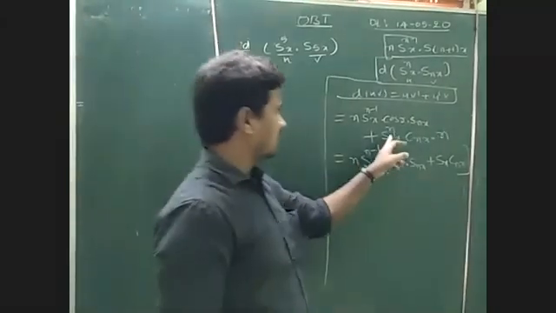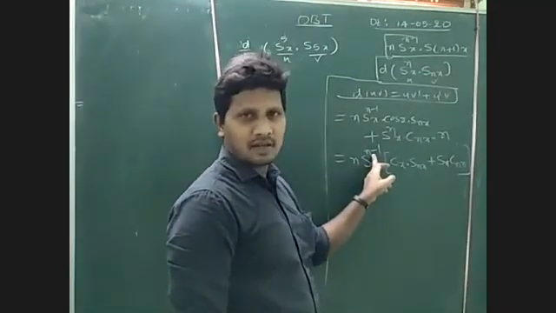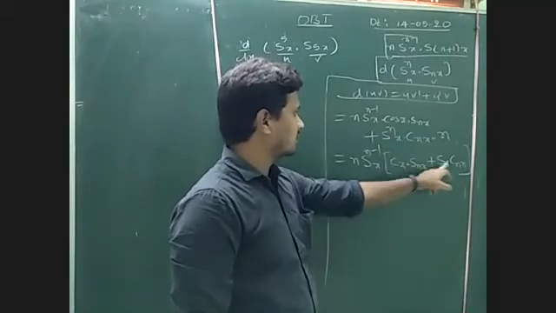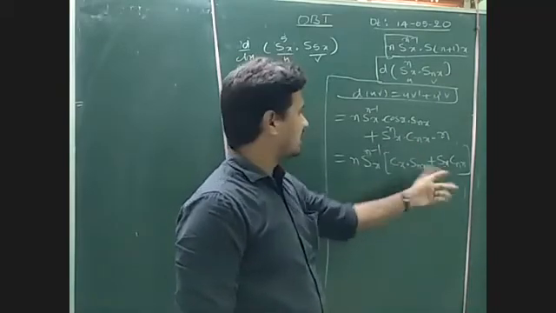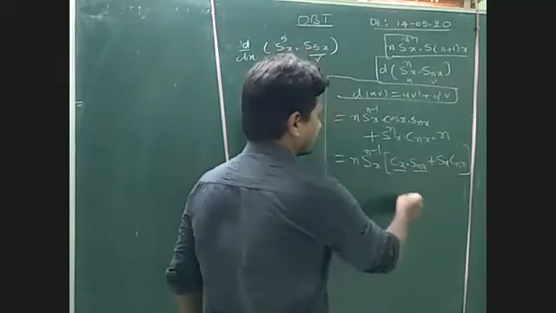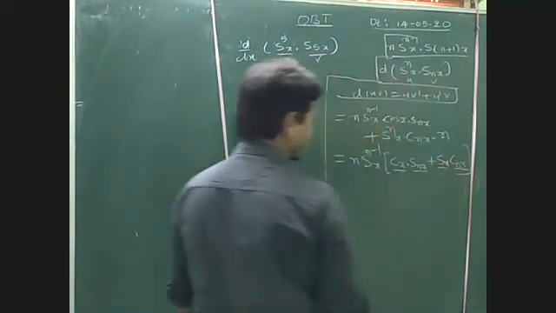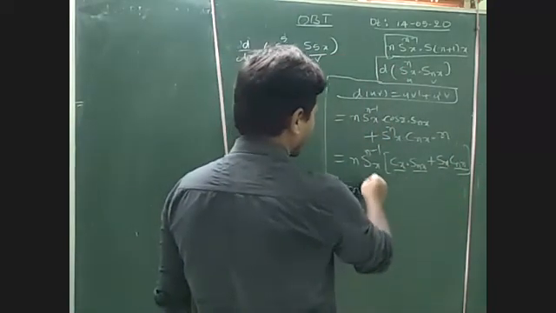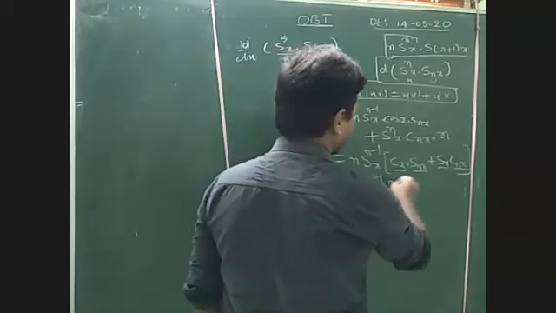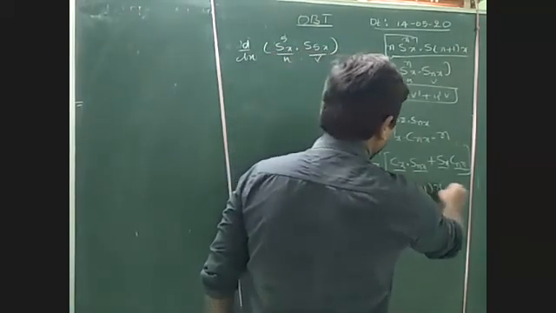I am taking only n minus 1 common, so the remaining one sin x will be there. This is the same as sin a cos b plus cos a sin b, which is sin of a plus b. So sin of n plus 1 into x.